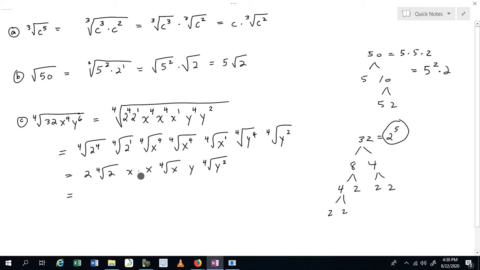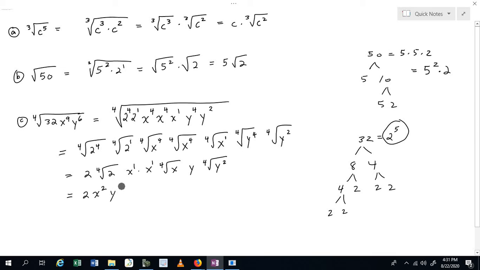For now, I'm going to rearrange all this and put the 2 in front. I'm going to multiply these together. And when you multiply those together, you would add exponents. So that's x squared. And then I'm going to put the y up front. So I'm just rearranging the order in which I multiply.